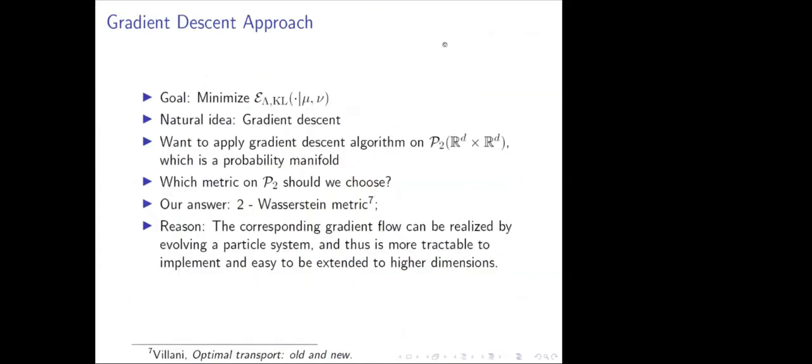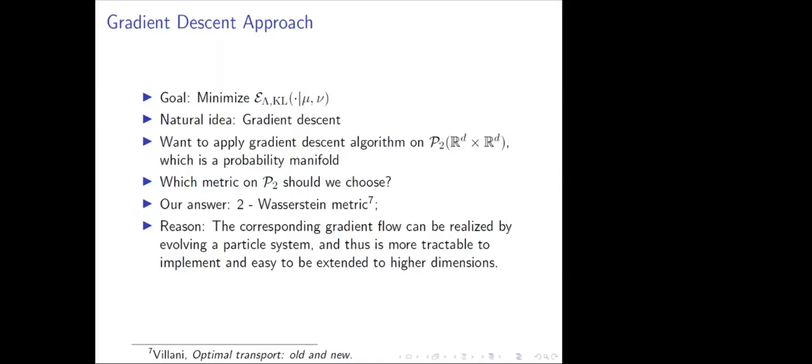Okay. So after we have verified the consistency of our relaxed problem, our goal is just minimizing our relaxed functional. The most natural idea is to apply the gradient descent algorithm. As a result, we are applying gradient descent on the probability manifold.